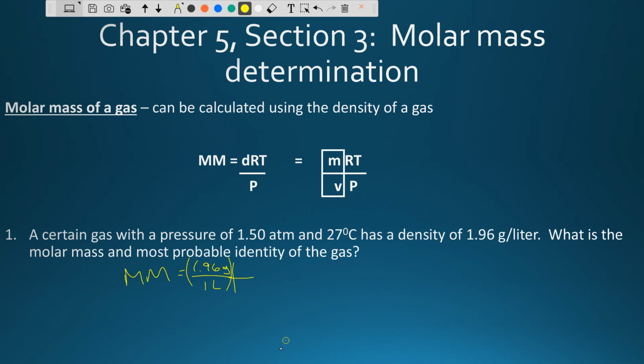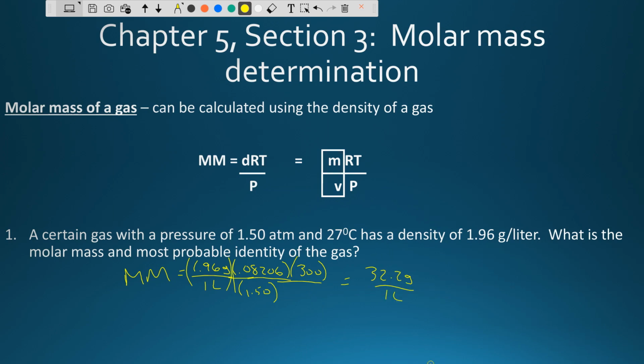Now let's plug in the other parts: 0.08206, my temperature is 27, so we'll use 300 here, and then just my pressure, which is in atmospheres, 1.50 atmospheres. So all I end up with is 32.2 grams per liter.